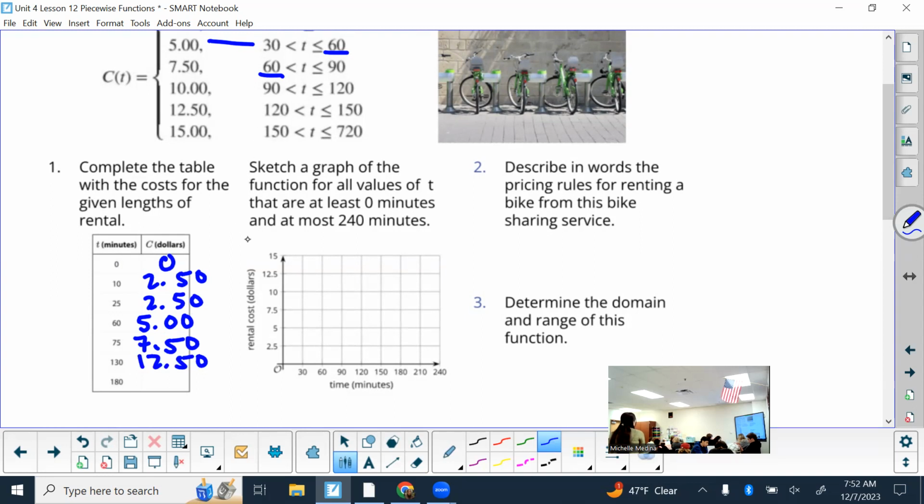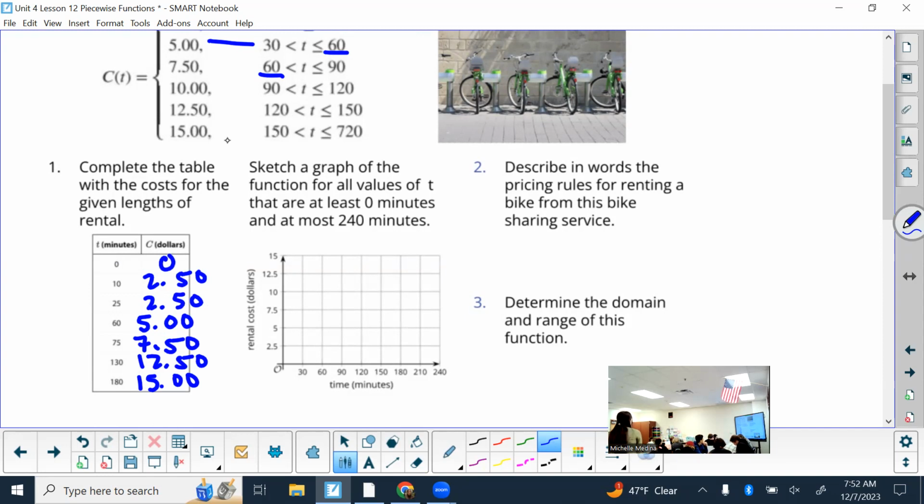And then table 8, when it's 180 minutes. $15. All right, so I think the function notation helps, especially if they say T minutes, right? Gotta see where 180 fits between the 150 and 240, $15.